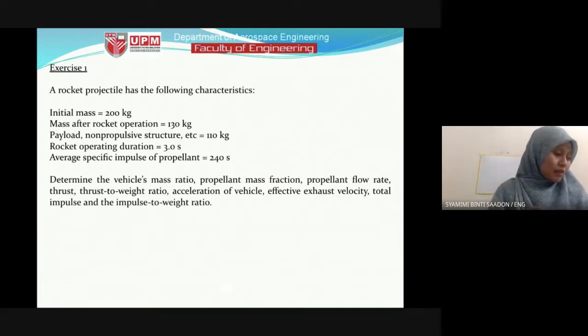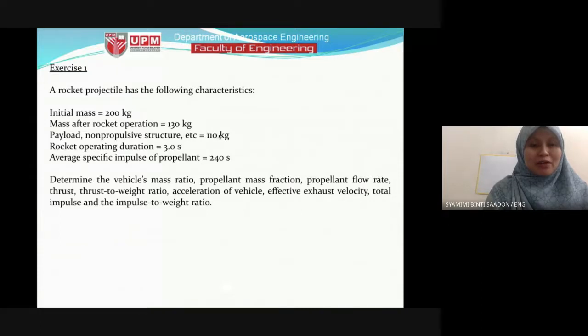Because I think for the rocket tutorials, the exercises are not too complicated. It's just that you have to know which values to put in which parameters. So for the first one.